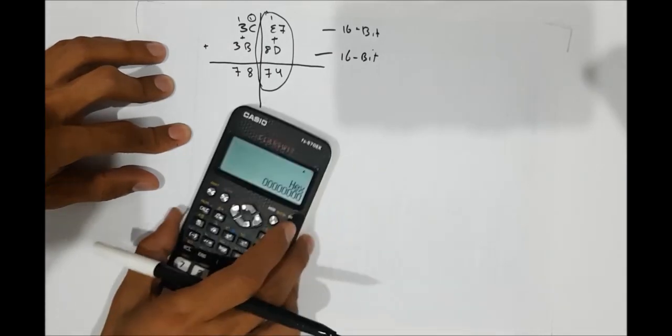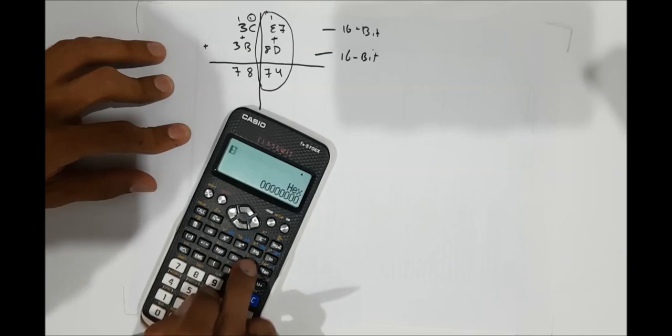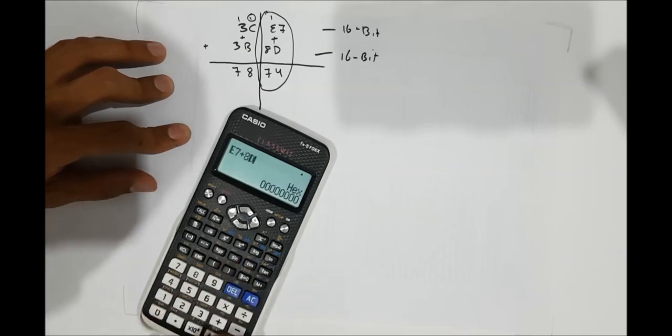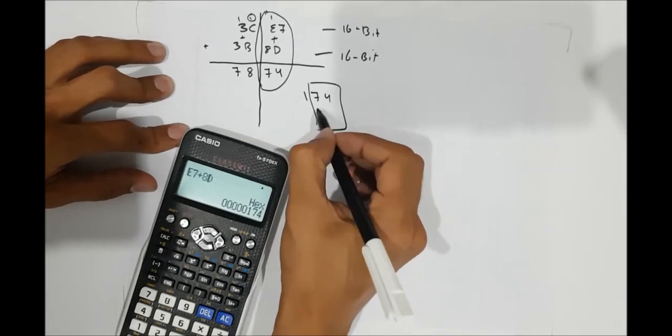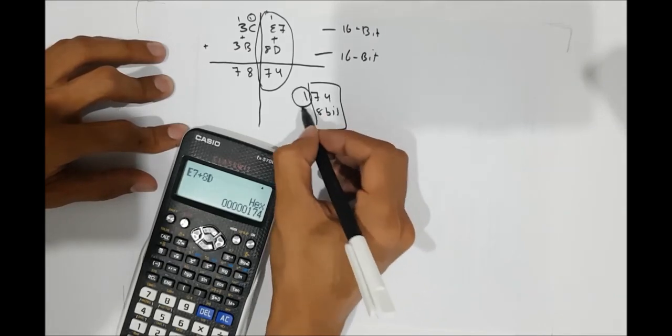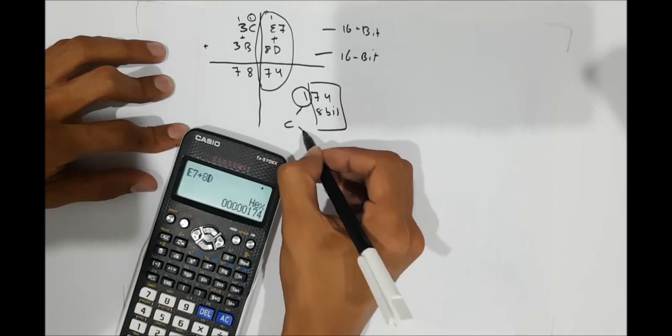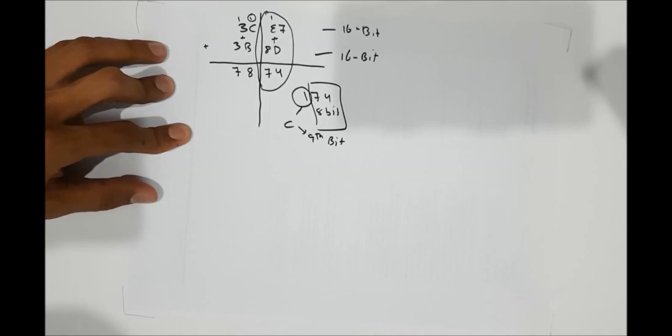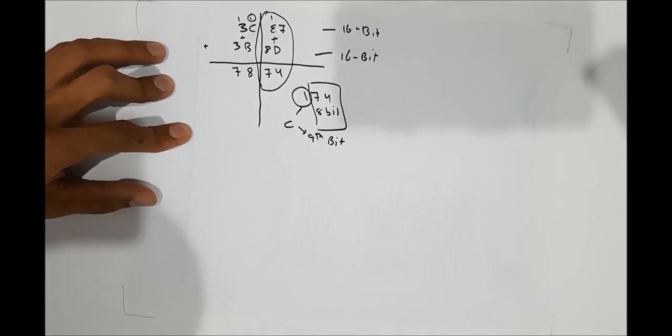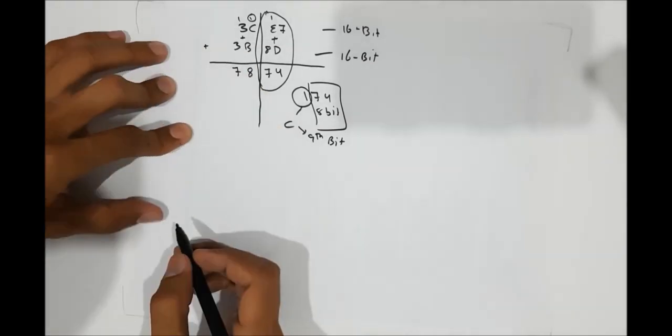So if we do E7 plus 8D, we get 174. This 74 is 8-bit and this 1 is the carry. This is the 9th bit, and that has to be considered while adding two 16-bit numbers or even larger numbers in parts. Let's write a program to add these two numbers by parts.